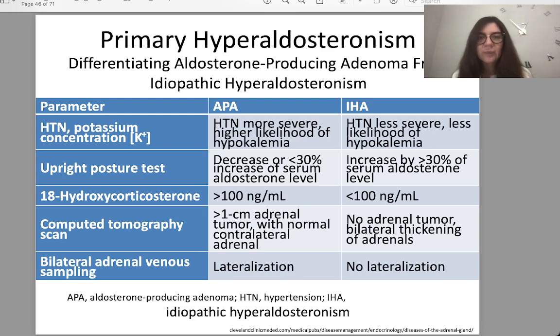On CT scans, if it is an adenoma of more than 1 centimeter, we can find it. In idiopathic forms, why do we name it so? Because we can't find any tumor, any adenoma, with CT scans. And bilateral adrenal venous sampling for adenoma shows typical lateralization. For idiopathic hyperaldosteronism, there will be no lateralization.